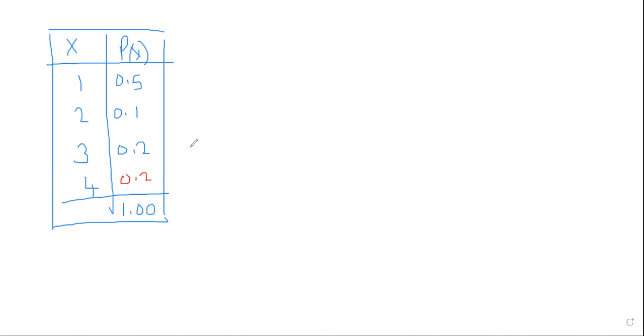Then you'll be asked to find the mean, the variance, and the standard deviation. To find the mean, we're going to multiply the x times the probability.